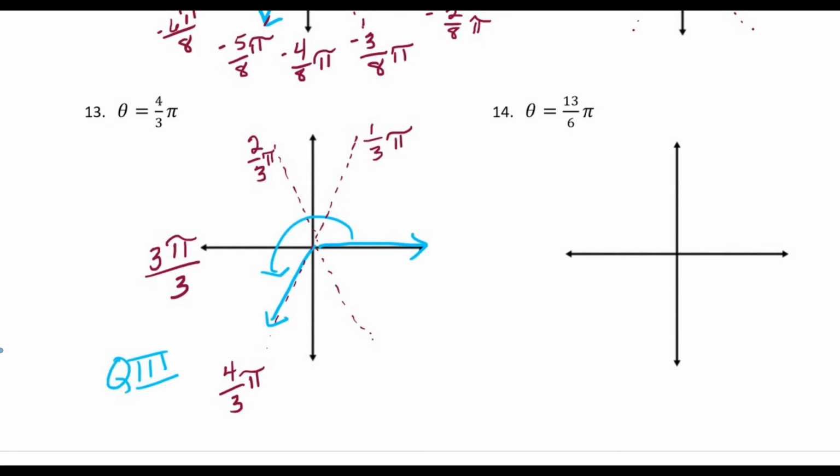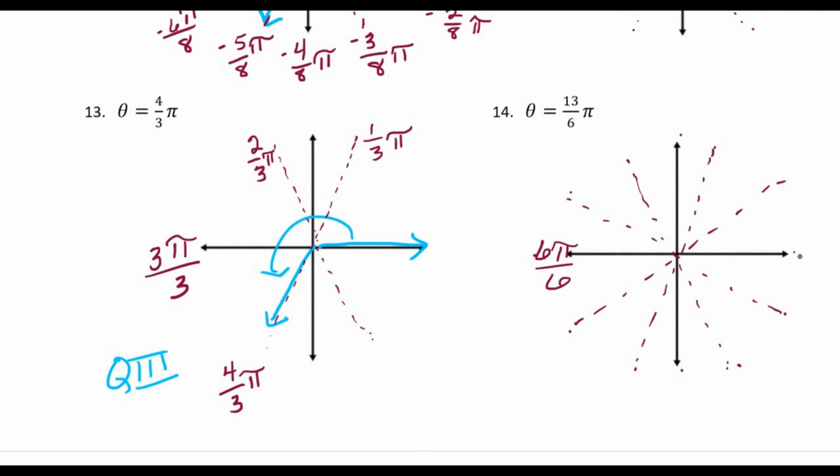Now problem 14 is interesting because we have a number here that's actually going to give us more than one full rotation. We're still going to start off by dividing our grid into 6. Now, I'm not going to label all of these because it's starting to get a little bit messy, but you can see I've got 1/6, 2/6, 3/6, 4/6, 5/6, 6/6, 7/6, 8/6, 9/6, 10/6, 11/6, 12/6, and 12/6 pi is the same thing as 2 pi. 2 pi is one full rotation.